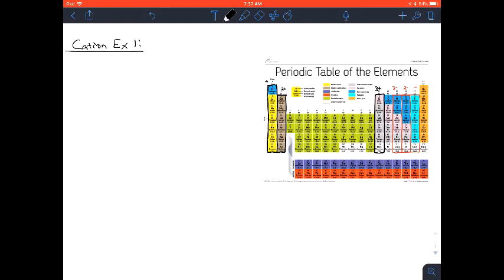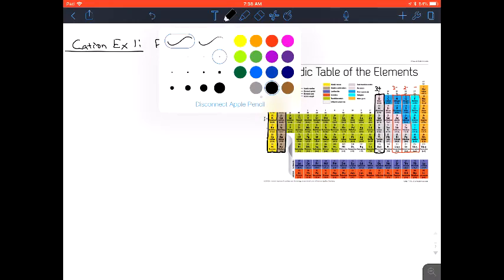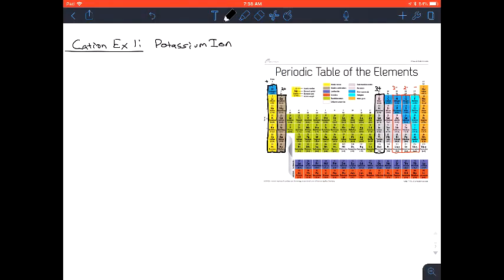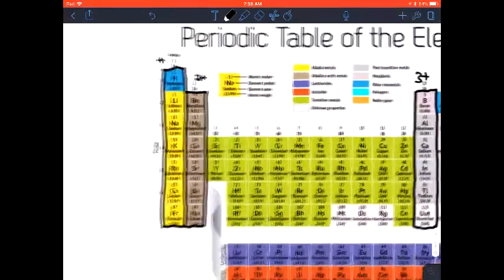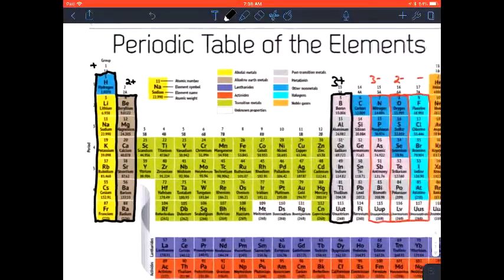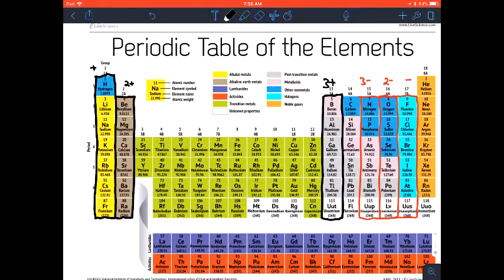Let's start with a potassium ion. So, if we look on our periodic table, we know that potassium is in period 4, it's in group 1, and we know that it has 19 protons.